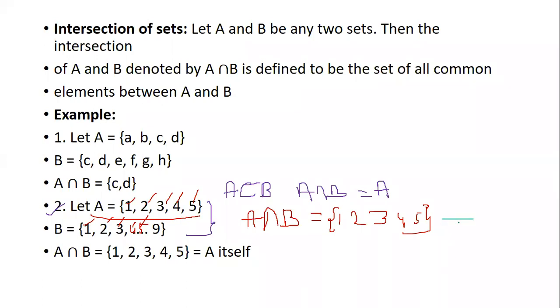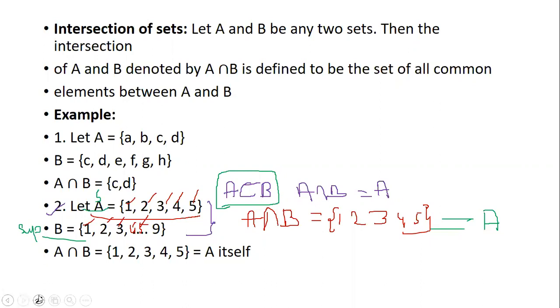So I can say this A intersection B is nothing but set A itself. Now, when can this happen? Only when A is a subset of B. Now, if you see both these sets, you can clearly say A is a subset and B is a superset.